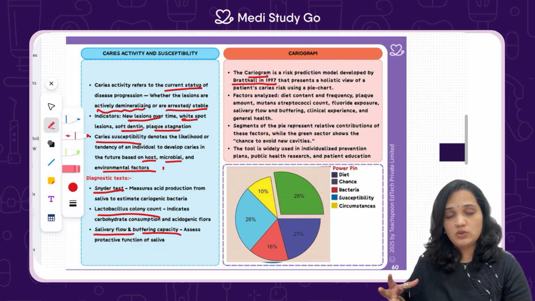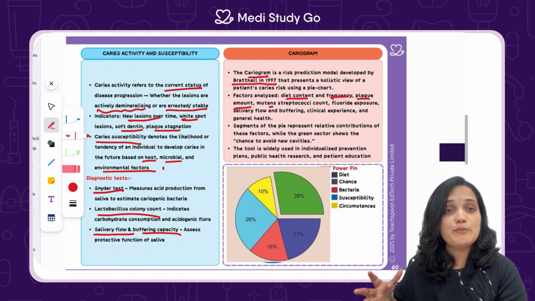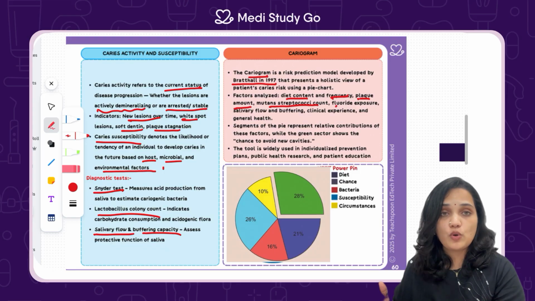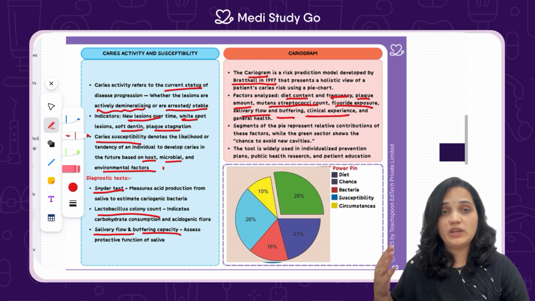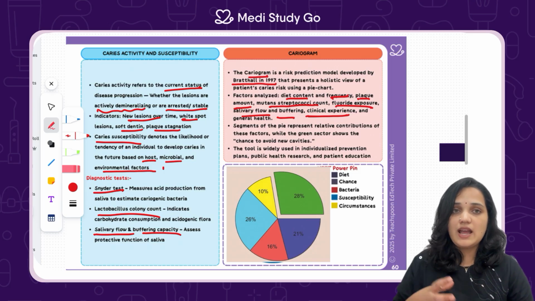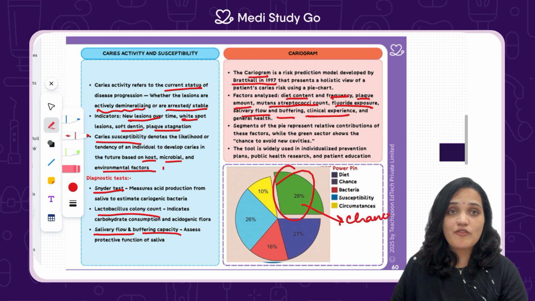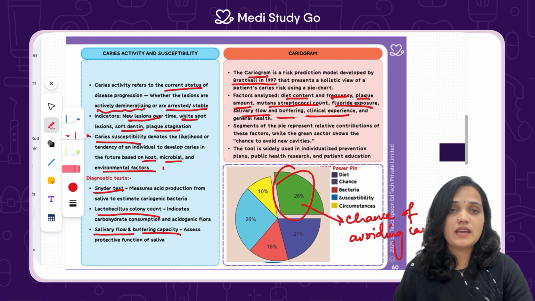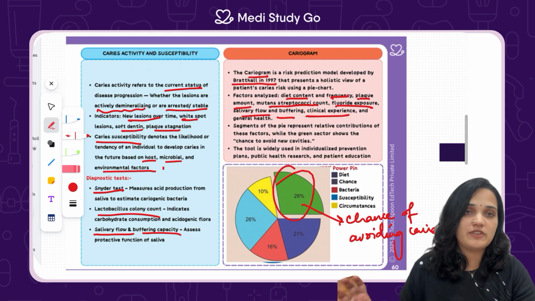These include diet content and frequency, plaque amount, mutans streptococci levels, fluoride exposure, salivary flow and buffering capacity, and the clinical experience and general health of a person. Each sector of the pie chart represents the contribution of these factors, and the green color in the sector represents the chance of avoiding caries, making it a useful tool for patient education and individualized prevention planning.